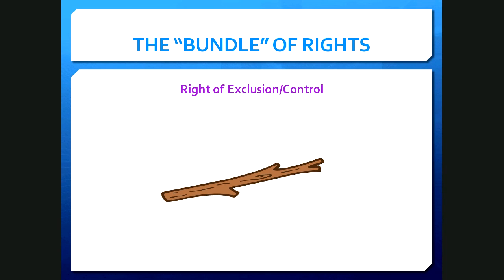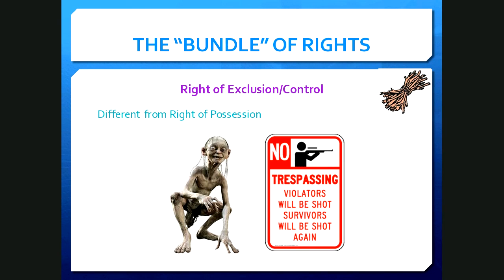And our last right is the right of exclusion and control. This means the right to exercise control over the property. Now it's a little bit different than the right of possession, right? So with the right of possession, you had the right to be on the property and to keep others away, to put up your fence and to have the property all to yourself.